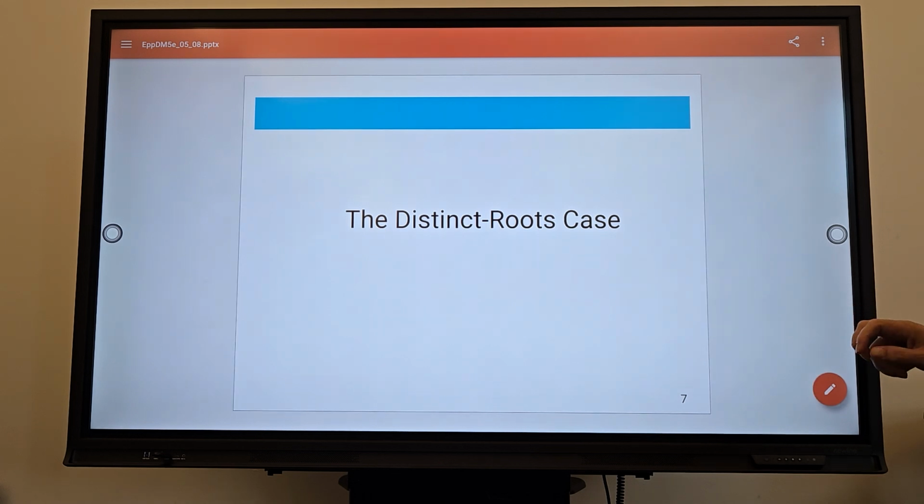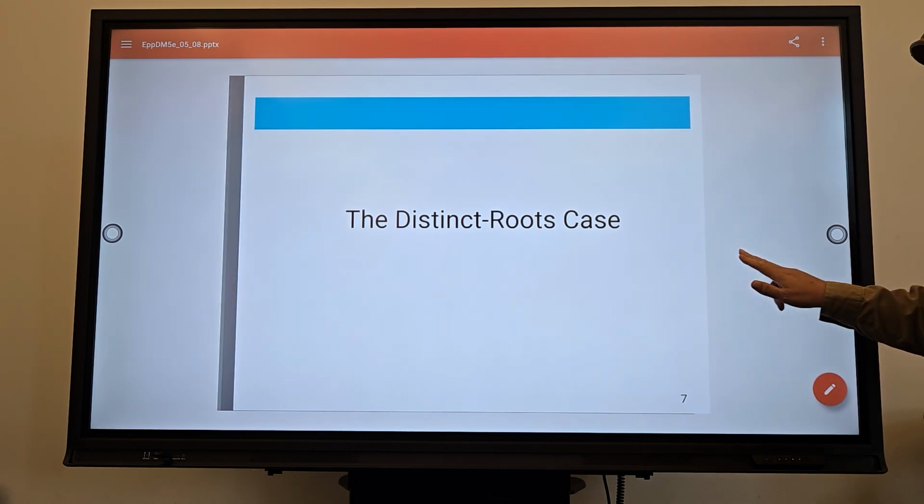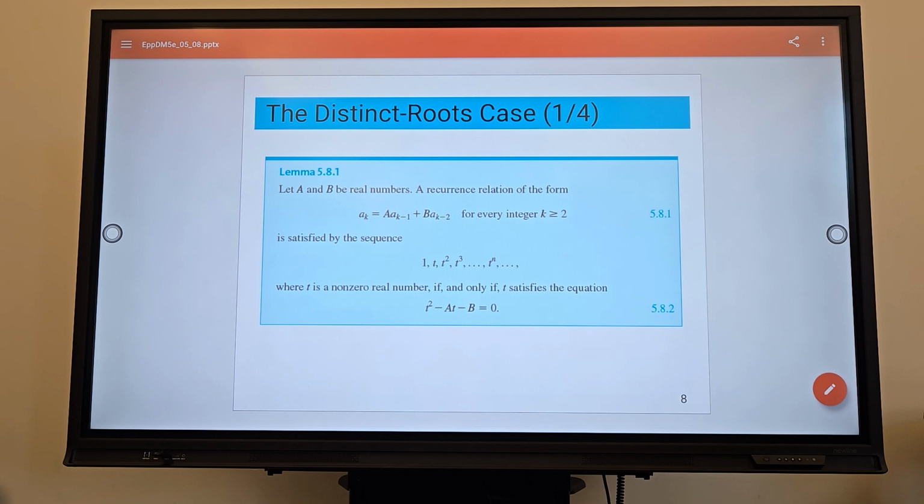All right. The distinct roots case. Let a and b be real numbers.